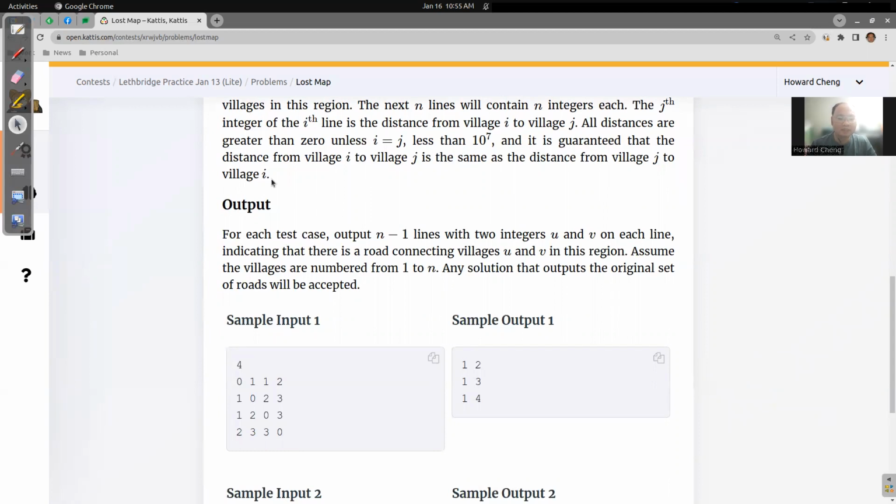And it's guaranteed that the distance from i to j is the same as j to i. For each test case, output n minus 1 lines with two integers u and v on each line, indicating that there's a road connecting the villages u and v, assuming that the villages are numbered 1 through n. Any solution that outputs the original set of roads will be accepted.